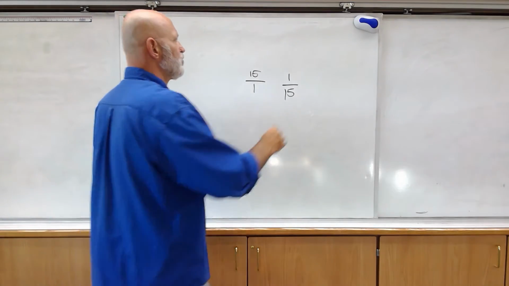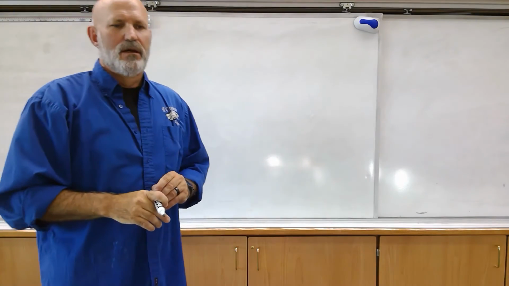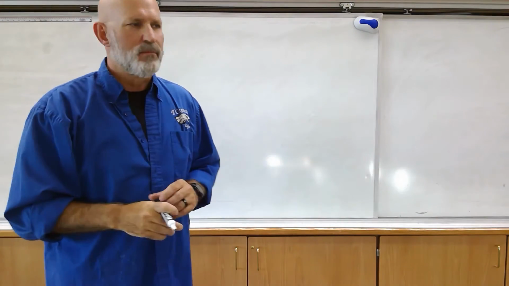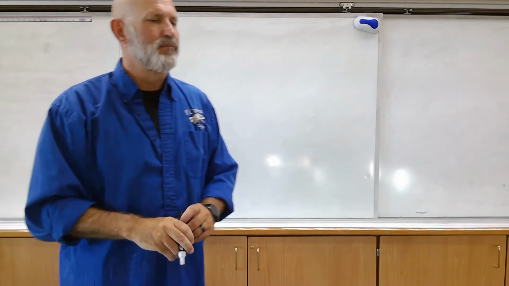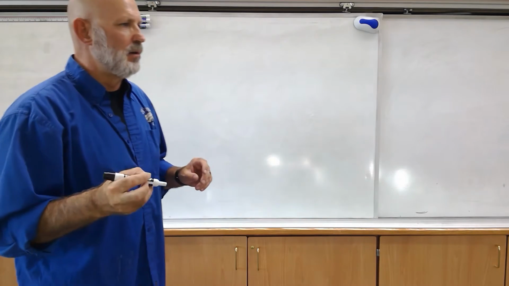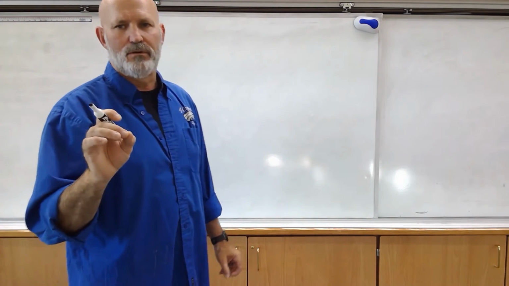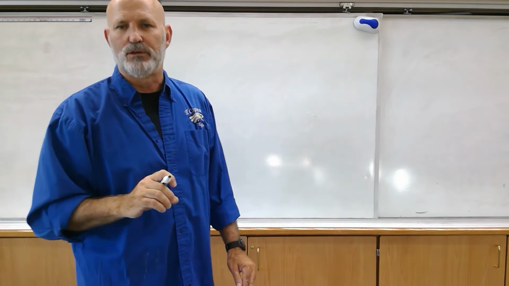Now that we know what our reciprocals are, let's go ahead and work out a problem. So now that we know what a reciprocal is, let's refresh our memories on what the parts of a division problem are.